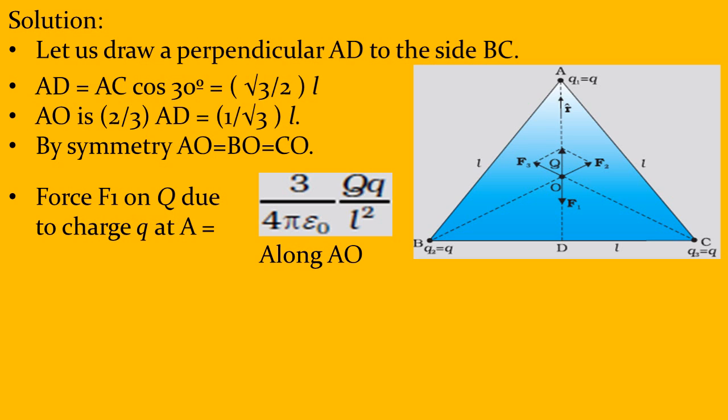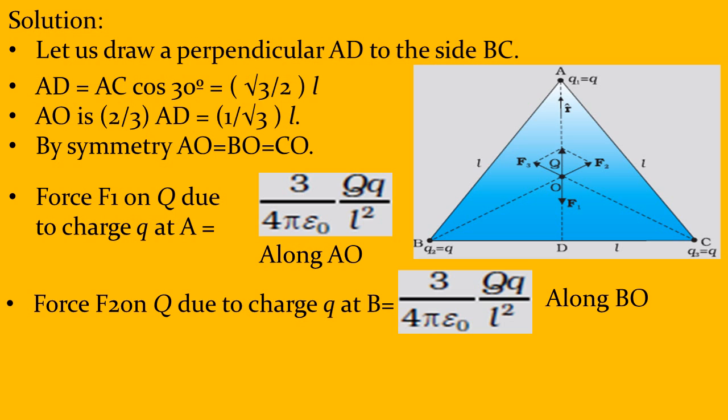Now, what is the direction of the force? The direction of the force is along AO, because the polarity of the charge at O and the charge at A is the same. So it is a repulsive force. The force is acting along AO. Similarly, force F2, that means it is due to the charge Q2 placed at B. That is given by what?